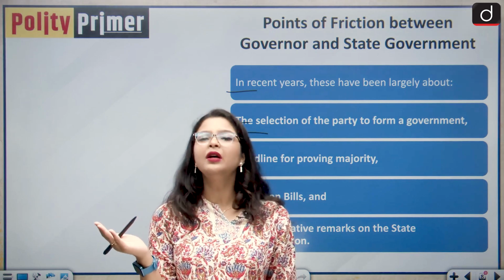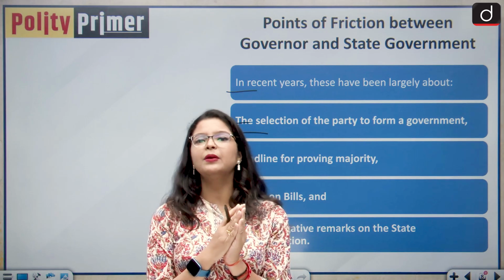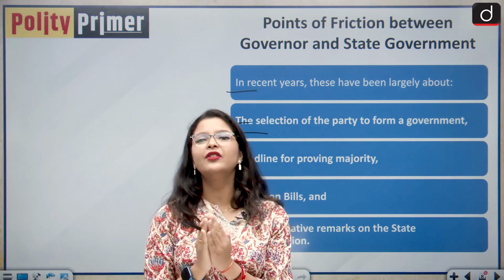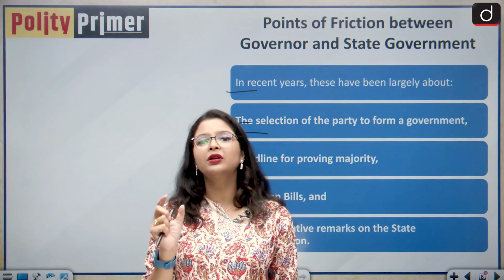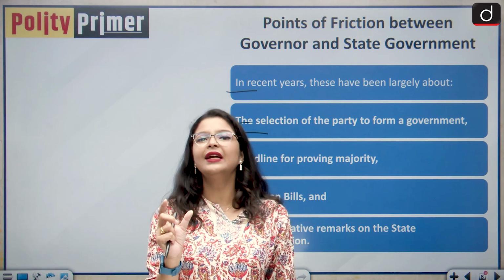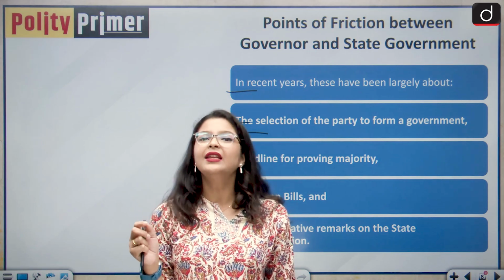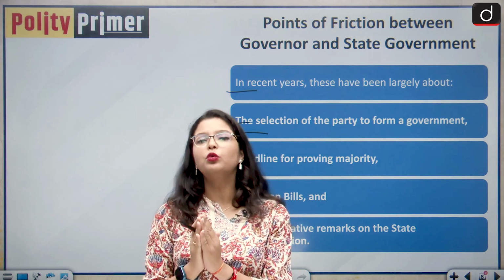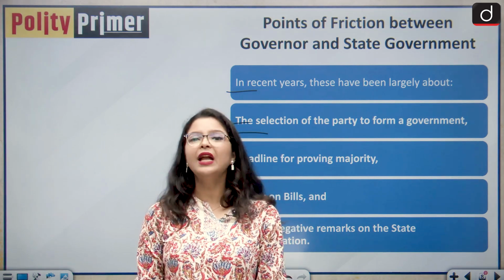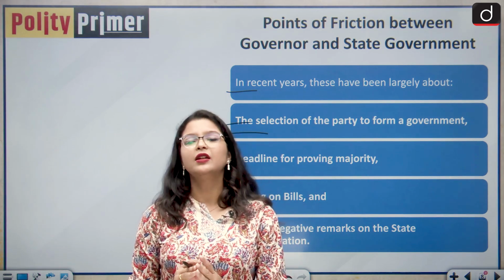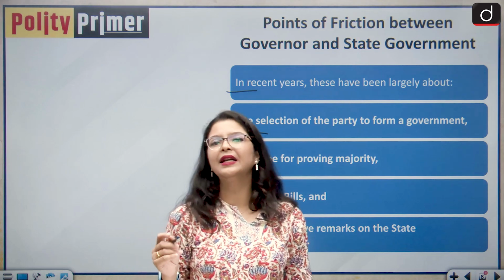We have seen an example in Maharashtra when Devendra Fadnavis was called by the governor to form a government, but he could only last for 80 hours as the CM of Maharashtra, and then he was bound to step down because he could not prove his majority on the floor of the house. That is why I am saying that it is completely the choice of the governor whom to call to form the government in the state.